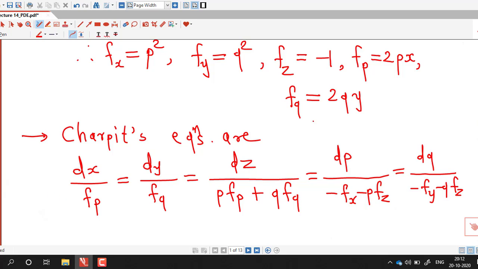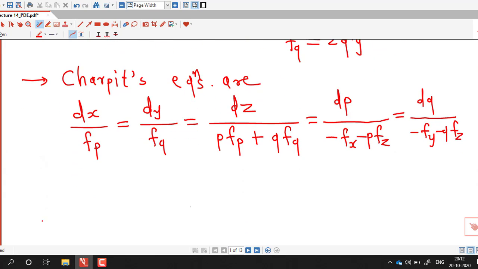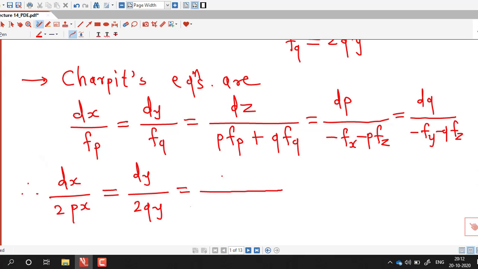Now we substitute the values of these partial derivatives in these equations. Here del f by del p is 2px, and del f by del q is 2qy. Then dz divided by p into 2px, that is 2p square x, plus q into del f by del q, that is 2q square y.